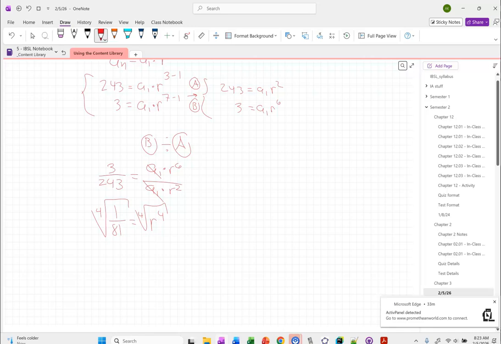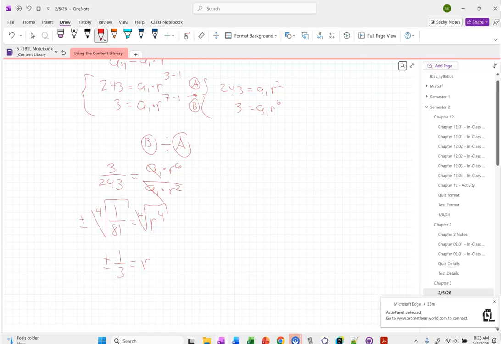Now, because that index was an even number, what do we have to remember? Plus or minus. So we have actually plus or minus. So the fourth root of 81 is 1/3. And we're going to end up with two sets of answers here: one where the answer has a positive r and the other where the answer has a negative r. That's fine.